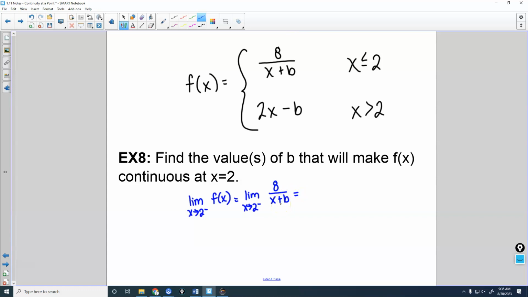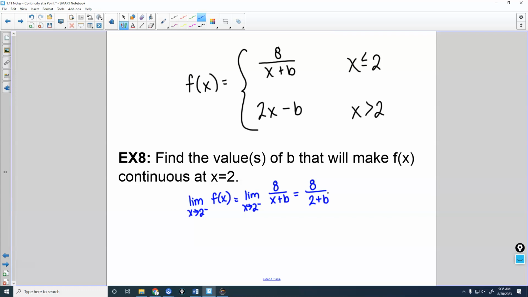Now, I need to plug in my 2. What am I plugging 2 in for? I'm plugging in for x. So that would give me 8 over 2 plus b. The b is still in my answer here. I should go back and type these better, but there's no time for that. So I got something, but still got a b.